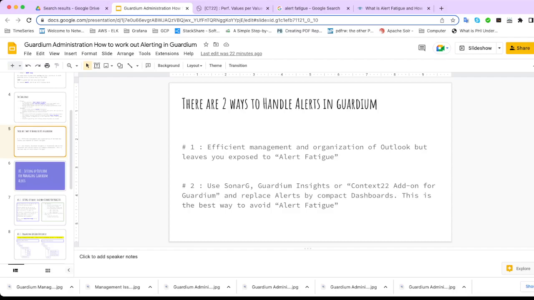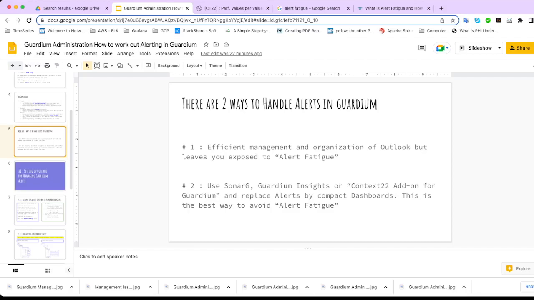But I pushed through, and I came up with something efficient. But it leaves you exposed to alert fatigue, even though I minimized that by good discipline, right? But if you don't have discipline, it's not going to work well.